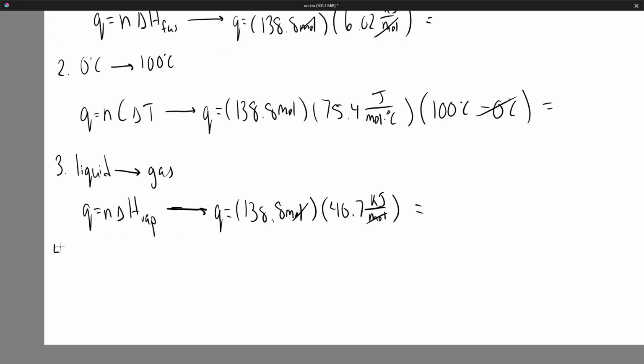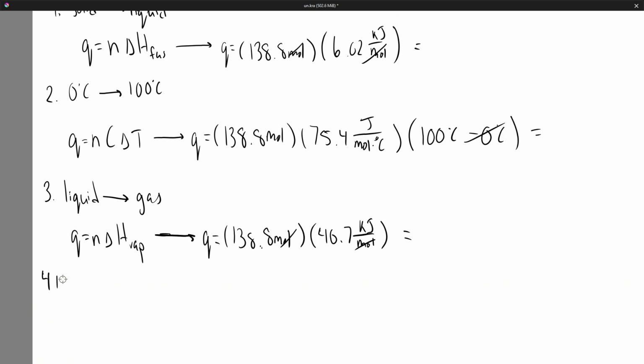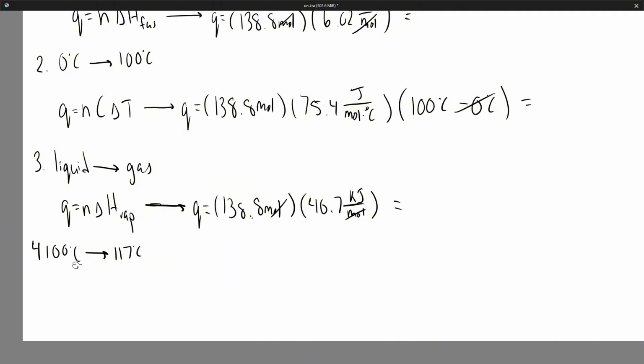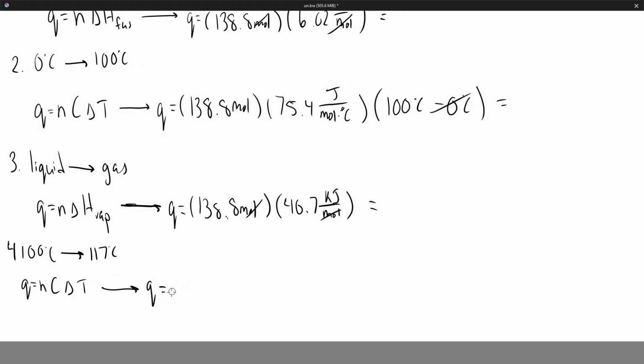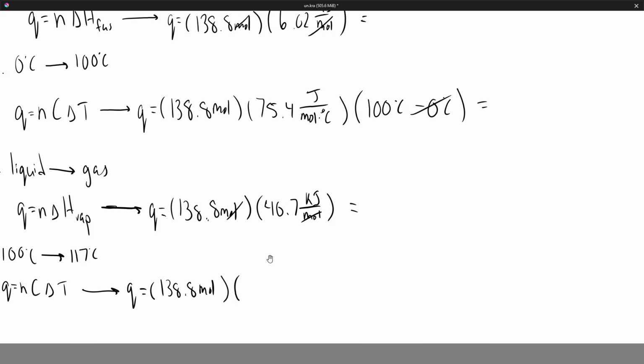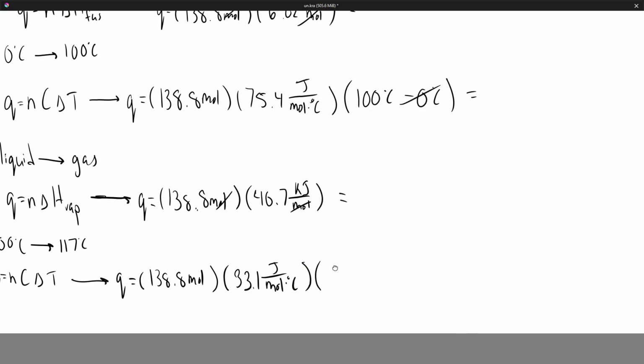Now the final step is we heat up the gas from 100 degrees Celsius up until 117 degrees Celsius. So again, we're using Q equals n C delta T. So it's Q equals number of moles, 38.8 moles, times the specific heat capacity of the gas, 33.1 joules per mole degrees Celsius, times the change in temperature.